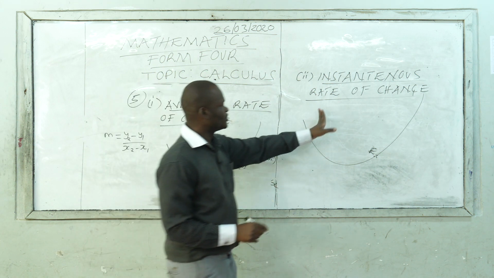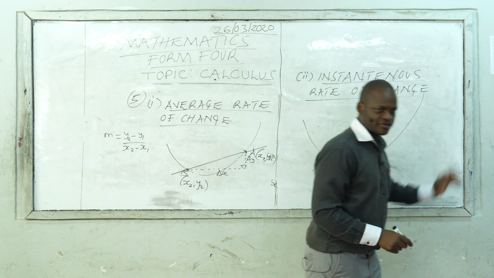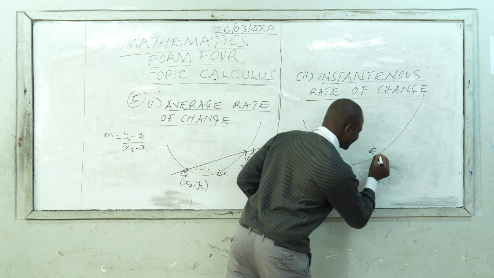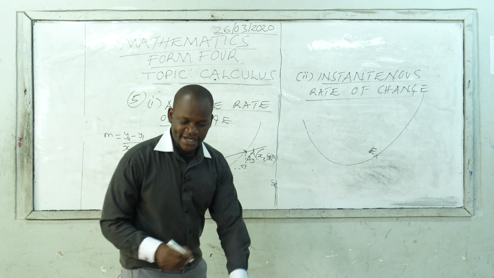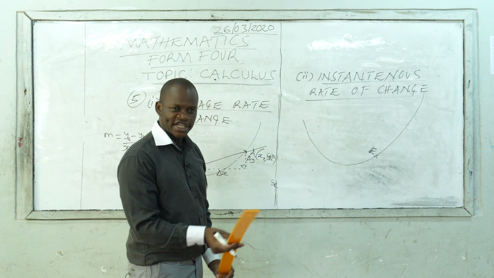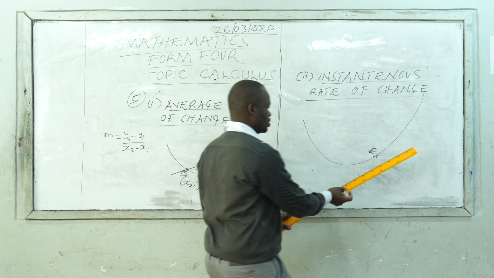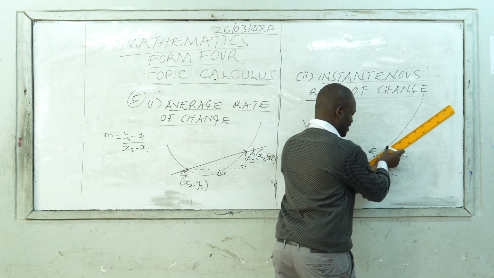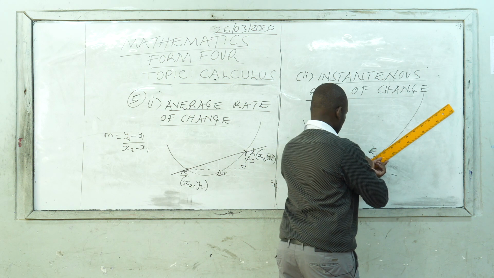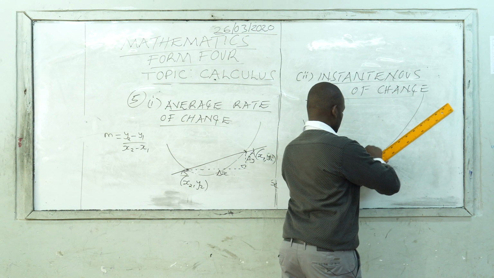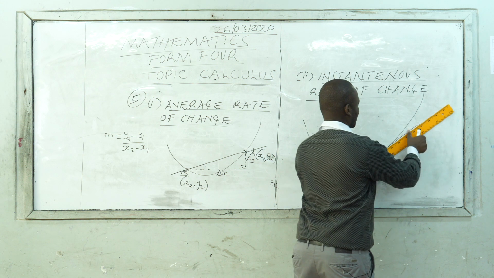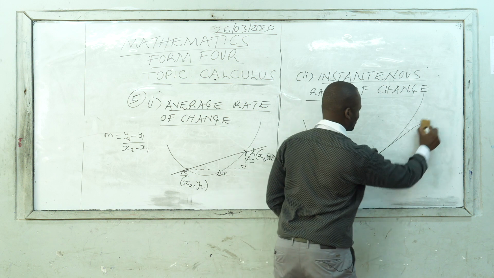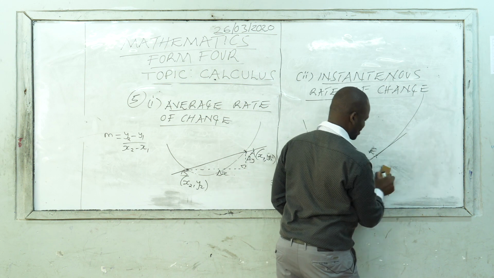Now we go to instantaneous rate of change: the rate of change or gradient of a curve at a specific point on that curve. You take your ruler and place it there and draw a tangent. What's a tangent? Simply a line touching the curve at that point. Of course, try and maintain a high degree of accuracy.